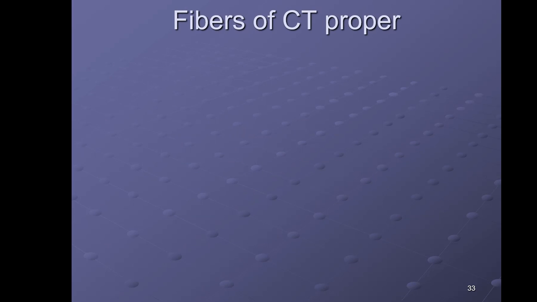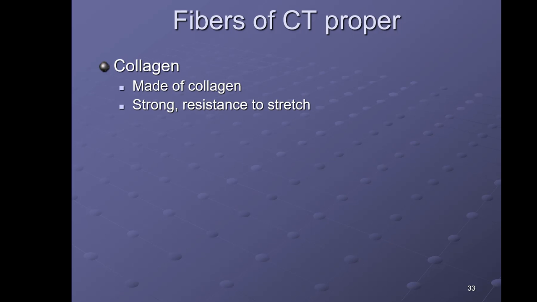So the fibers that you might find in connective tissue are a little bit simpler. There's only three. So collagen fibers, which are really common. They're made up of a protein called collagen. Very strong, do not stretch. So these are kind of like iron rods, really, really strong. Elastic fibers are made up of a protein called elastin, and based on its name, you could guess what it does.